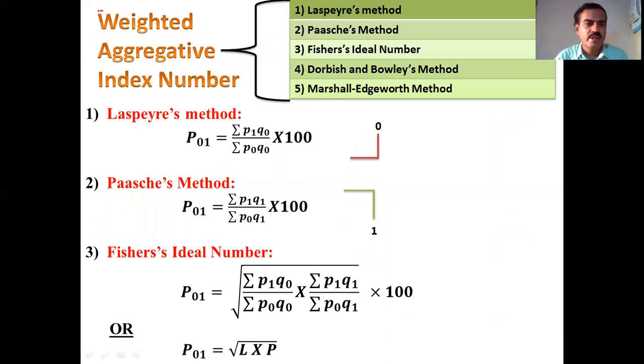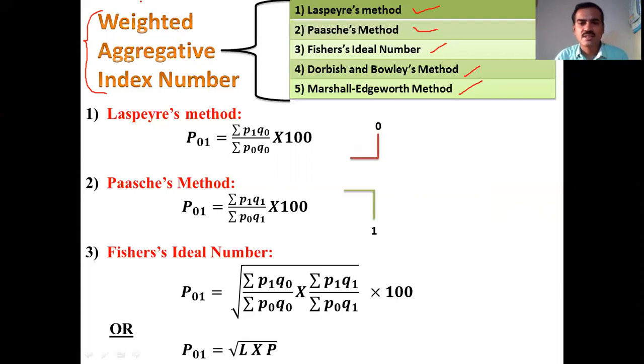In the weighted aggregative index number, there are 5 methods. The first one is Laspeyres' method, the second is Paasche's method, the third is Fisher's index number, also called Fisher's ideal index number, the fourth is the Drobisch-Bowley method, and the fifth is the Marshall-Edgeworth method.